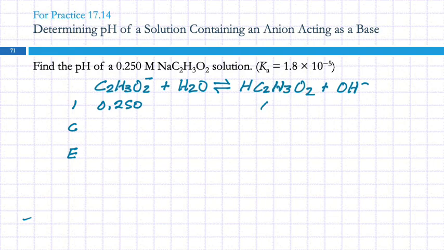And how about hydroxide? Basically 0. There's just way too many puns in this chapter. So then this is going to change by negative x, and this will be plus x, or plus plus. Plus t. It was an x that just was falling over. I was doing a cartwheel.